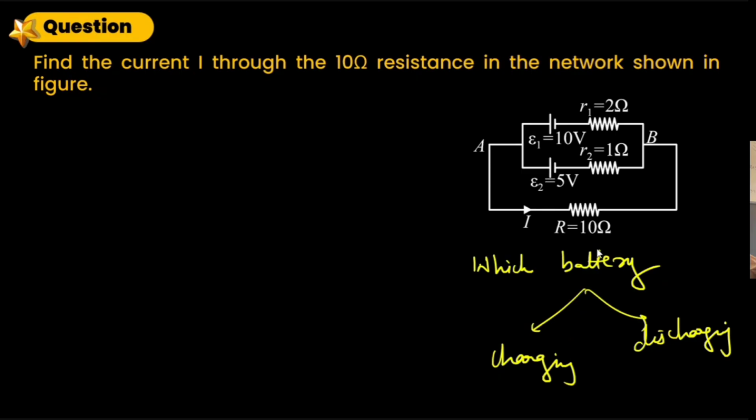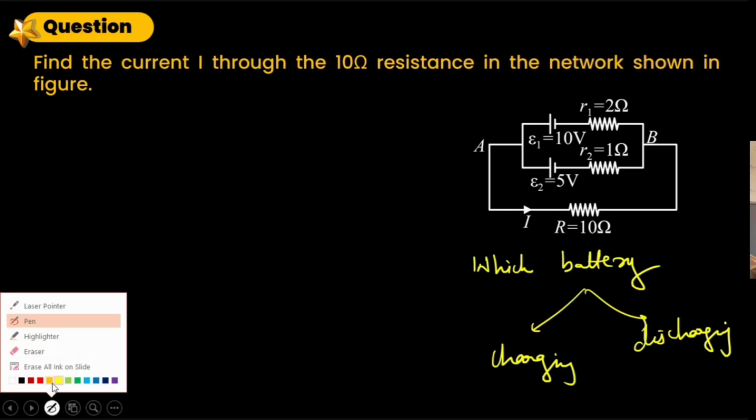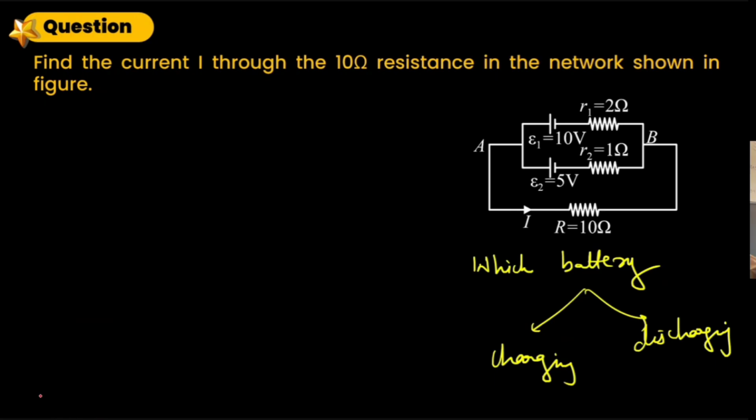Are all of them not charging? First of all, tell me how many batteries are there. Three. Absolutely wrong. Only two. This is resistance which is there in the third row.